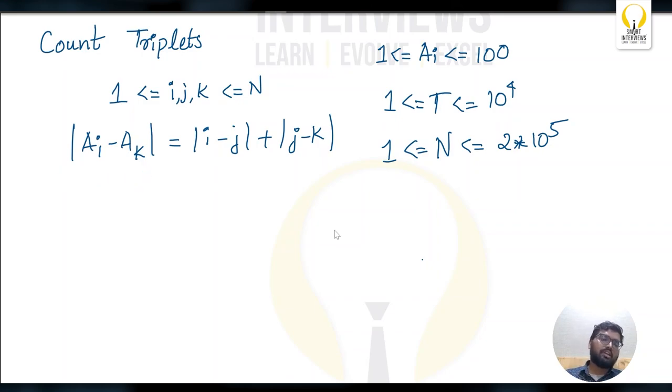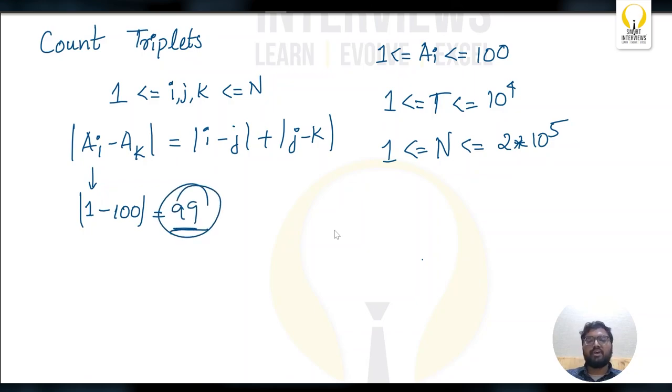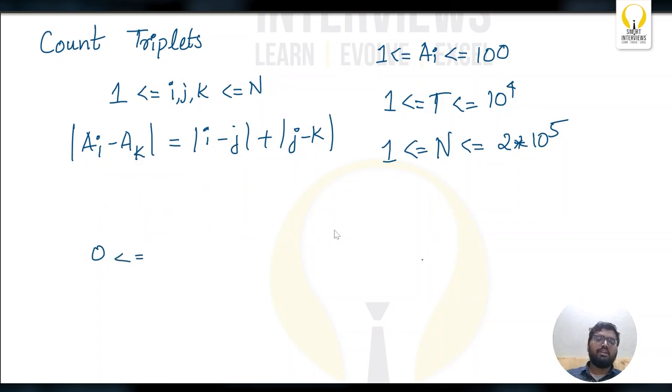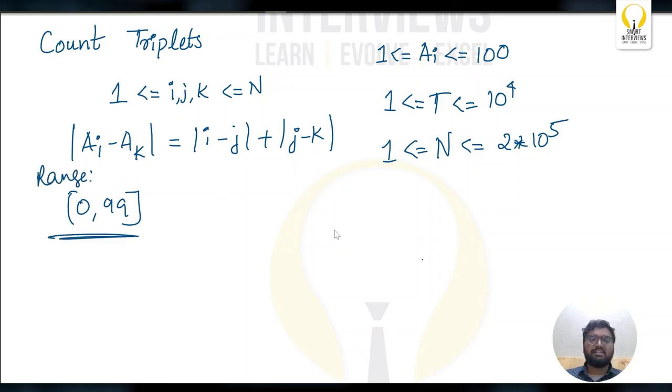If a of i is 1 and the other is 100, the absolute value is 99. This is the maximum value we can get, and the minimum value can be 0. So the range will be 0 to 99, and it will not exceed that.